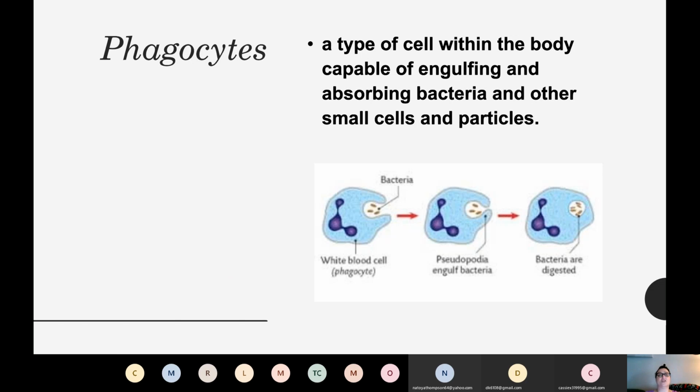And that process is called phagocytosis. That's that process of engulfing and disposing. Make sure you remember that. You can put phagocytosis, phagocyte, and those are phagocytic cells. And they get rid of anything that could cause us damage or harm in our body. And they do it by Pac-Man, right?